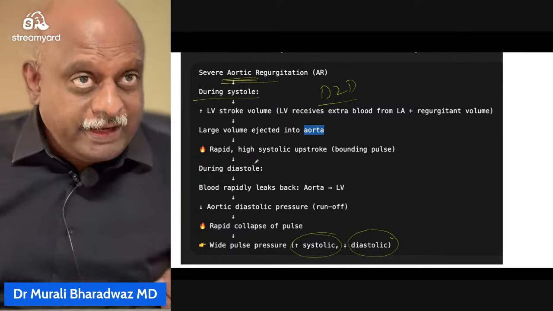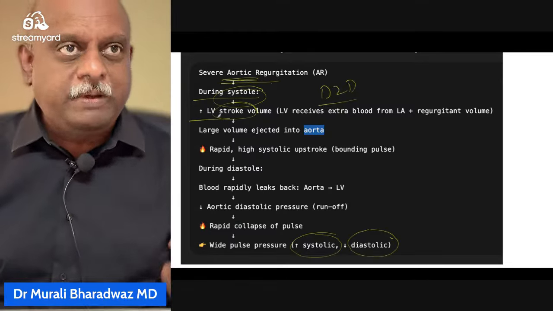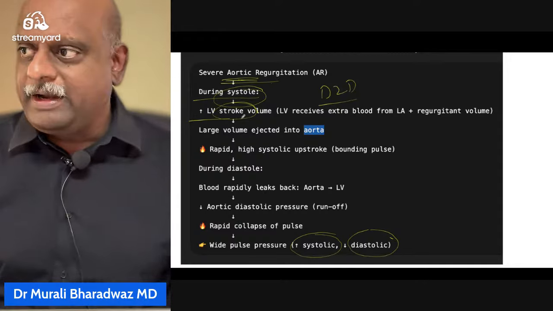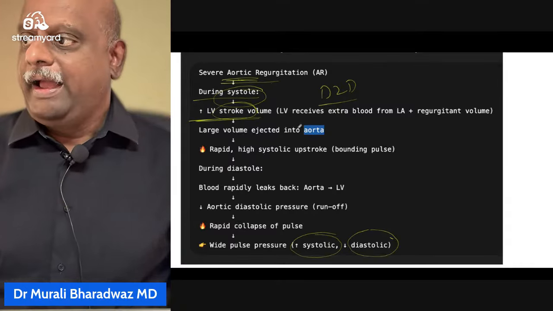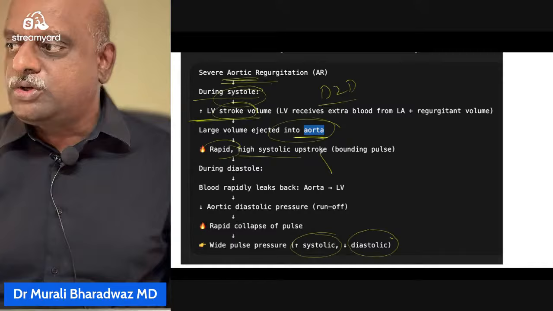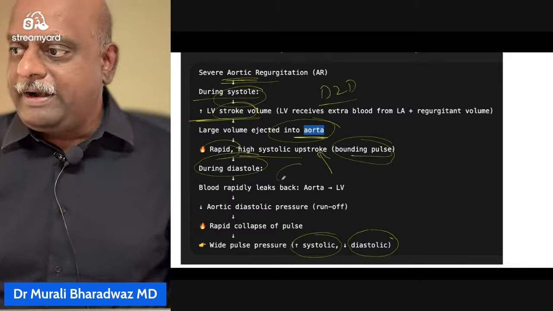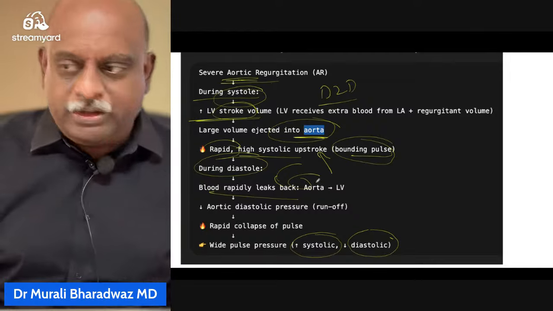In severe aortic regurgitation, at the time of the systole, the stroke volume being pumped by the ventricle is increased and that is ejected into the aorta. That leads to a rapid high systolic upstroke, which is a bounding pulse. But during the diastole, the blood rapidly leaks back from the aorta into the left ventricle.